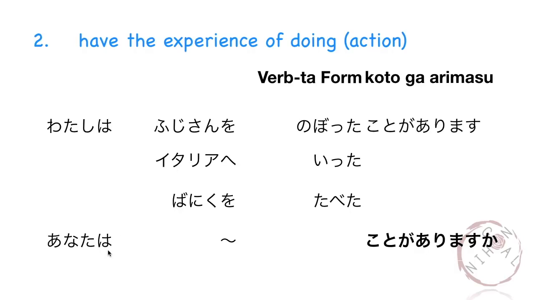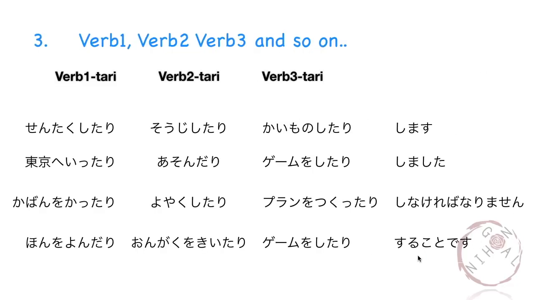You can also ask questions. For example, あなたは何々ことがありますか? We've also learned how to list multiple verbs or actions. Verb 1, verb 2, verb 3, and so on. So by using tari-tari form.